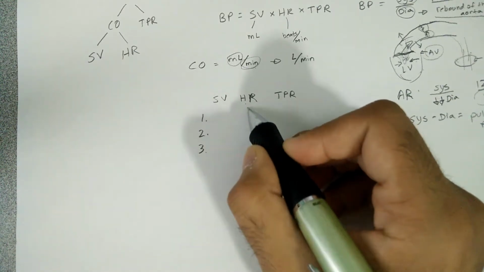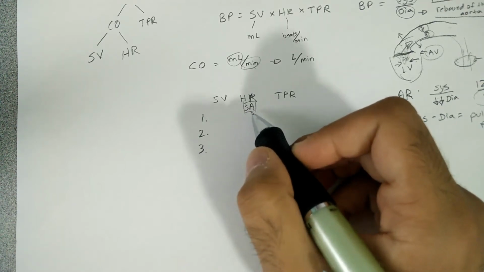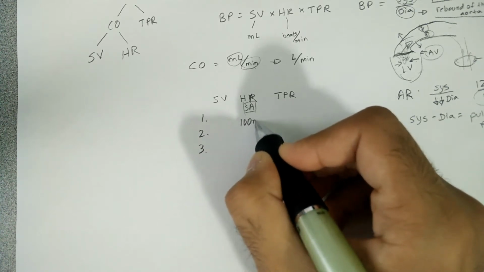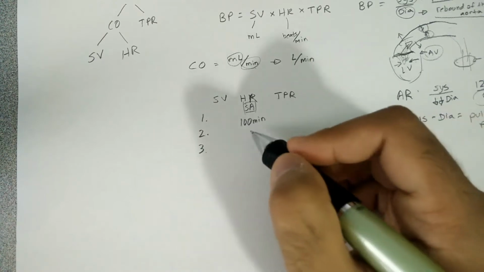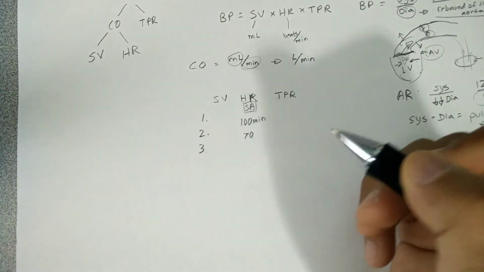Well, the heart rate is controlled by the SA node, and the SA node likes to beat at a rate of 100 per minute. That's its baseline. And usually in our bodies we have more parasympathetic input to the heart, causing the heart rate to be lower, say for example 70.